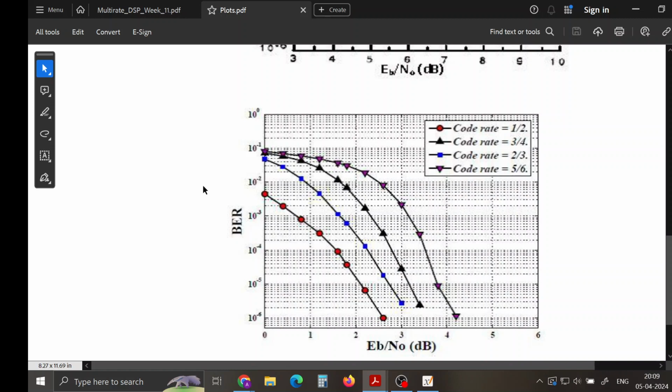And based on the majority logic, right, it works. So that's the idea of adding the redundancy to improve the error performance. Okay, so from this plot also you can pick that the code that corresponds to code rate half is the one which is the most robust in terms of bit error rate performance. So I'll go with that.